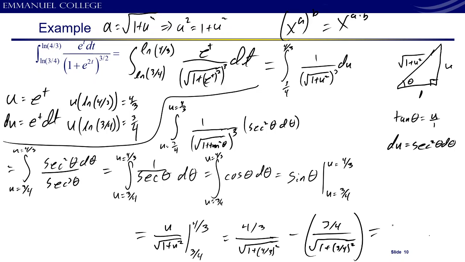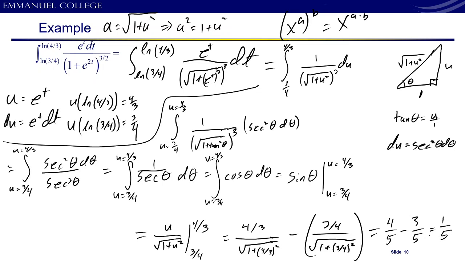Which, if I do that, 4/3 over the square root of 1 plus 4/3 squared is equal to 4/5, minus 3/5.